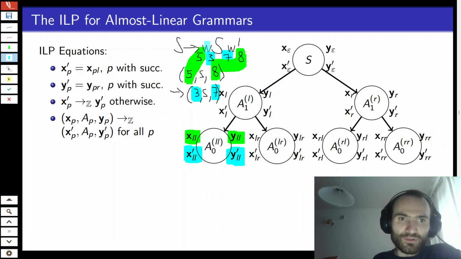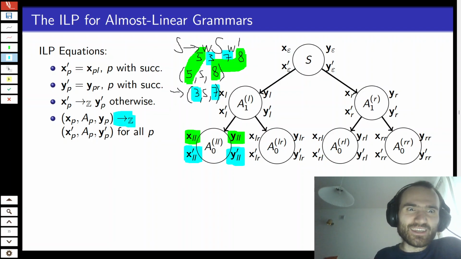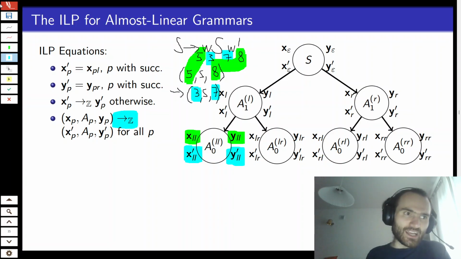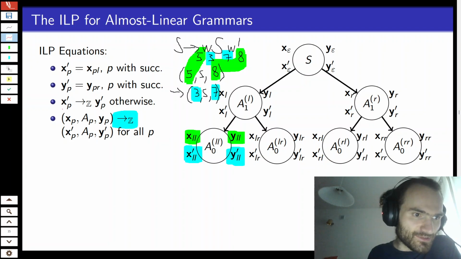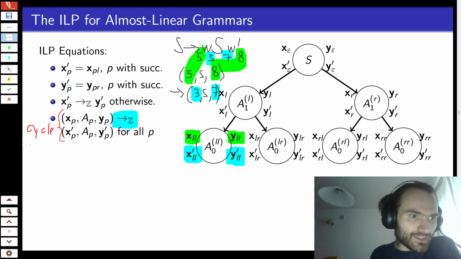And now we don't want W and W prime to be executable, we just want them to have the correct effect. And this is written here by Z reachability. We want to have Z reachability from here to here. Again, this is a cycle. And remember, we have an almost linear grammar.